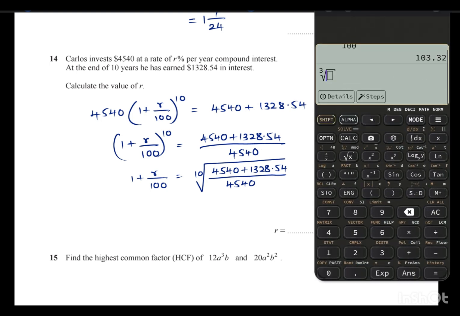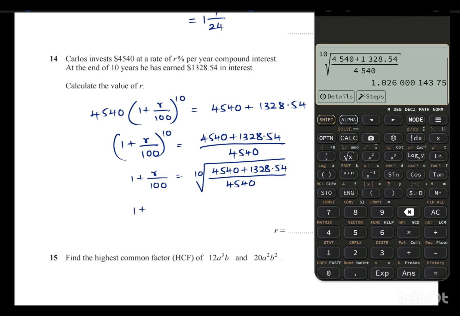10th root of (4540 plus 1328.54) by 4540 is equal to 1.26000.